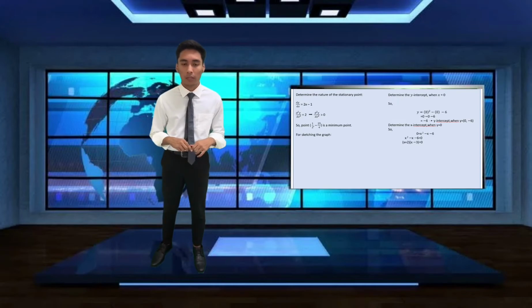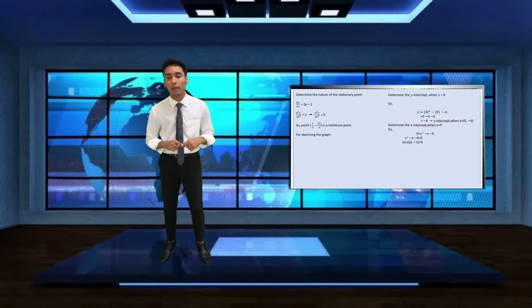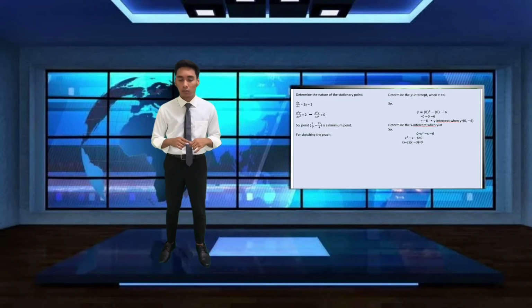So the point we got is 1 over 2, and we got minus 25 over 4 for the minimum point. Now we determine the x-intercept when y equals 0. So 0 equals x squared minus x minus 6. We bring it over: x squared minus x minus 6 equals 0. The answer will be (x plus 2)(x minus 3).